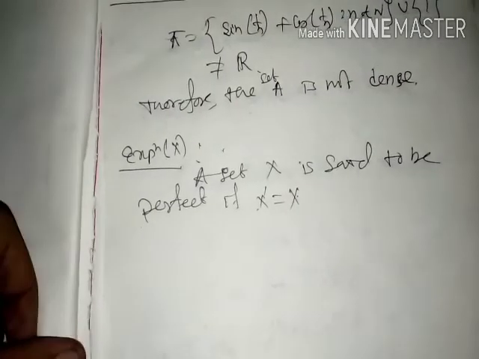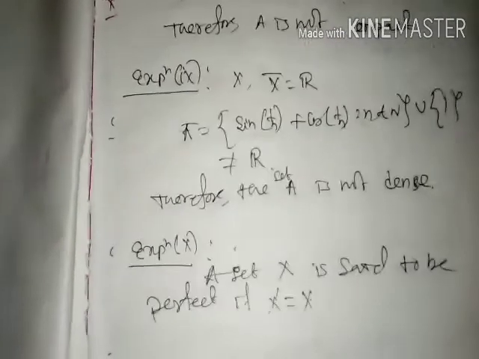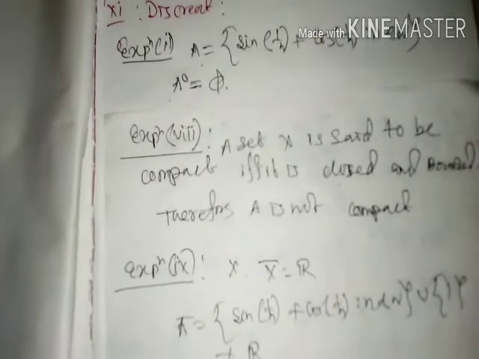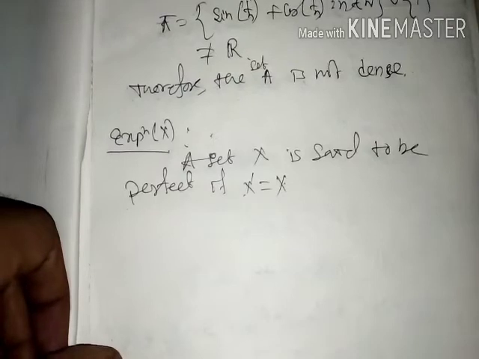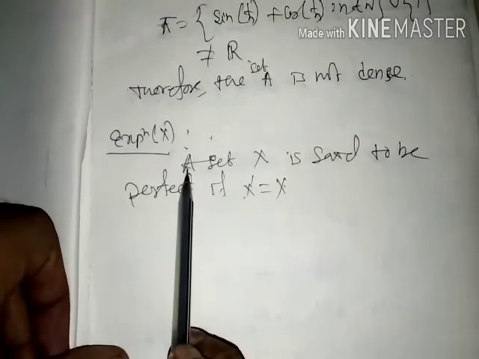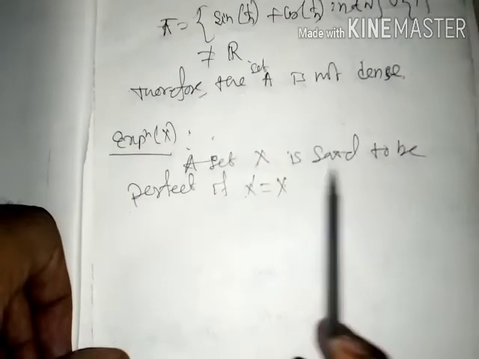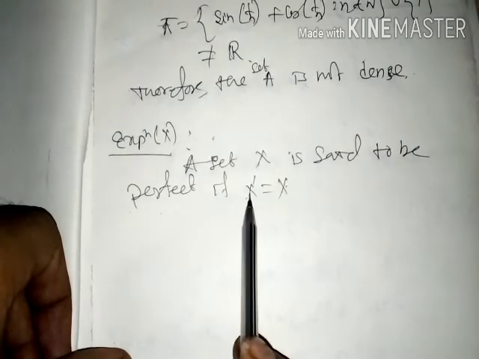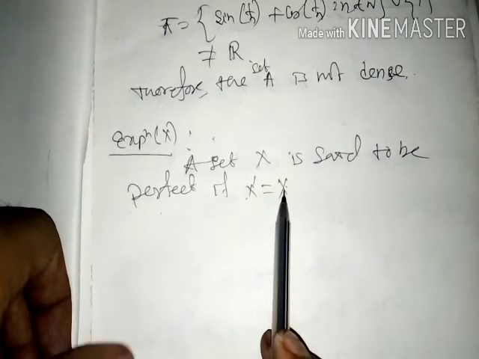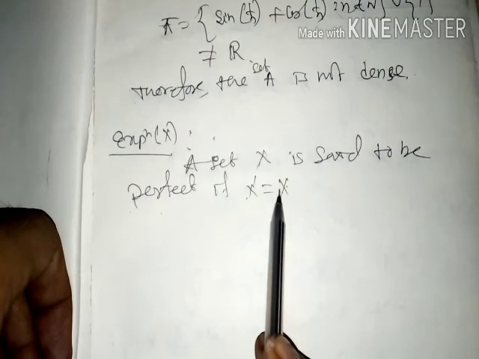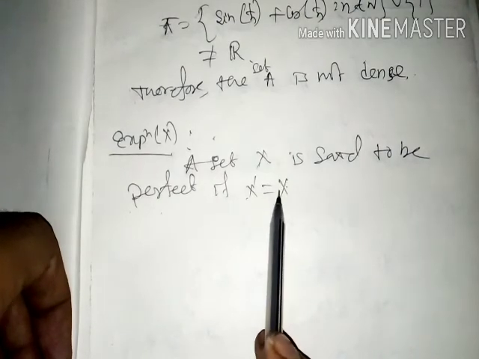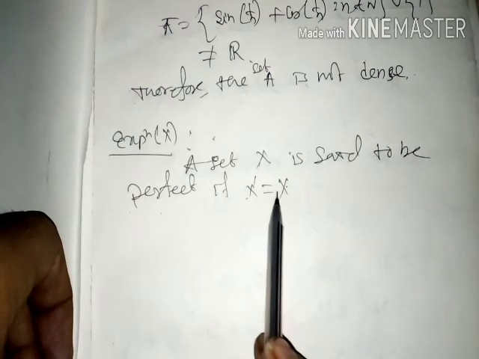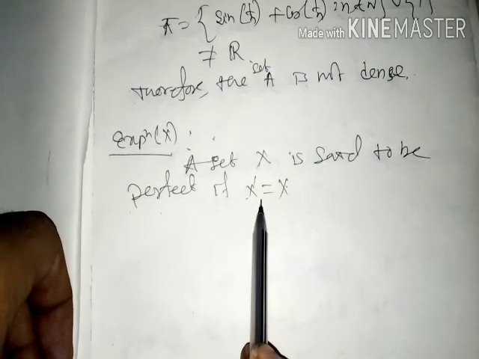Now we check whether this set is perfect or not. To check it, first we know the definition of a perfect set. A set X is said to be perfect if X dash equals X. That is, if all of the members of X are limit points of X, then the set X is perfect.